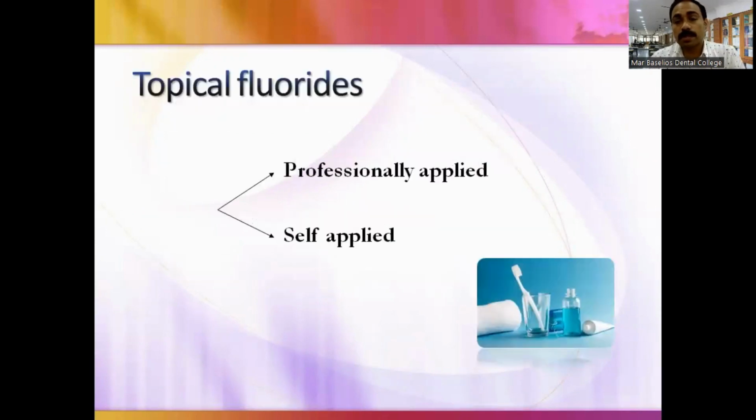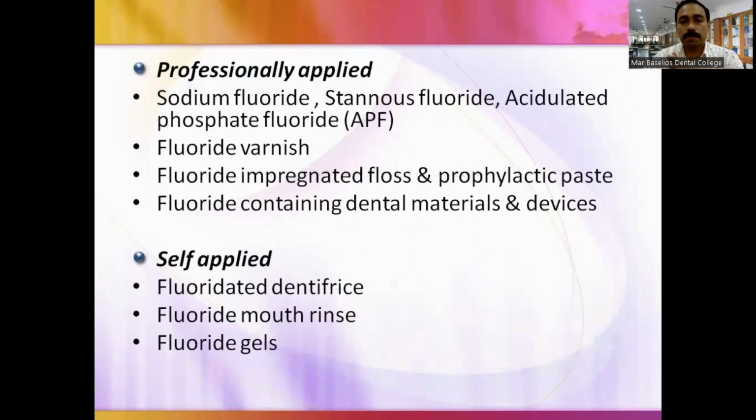Topical fluorides are broadly classified into professionally applied topical fluorides, that is, applied by professional dentists or qualified people, and self-applied topical fluorides. First, the professionally applied topical fluorides are of sodium fluoride, stannous fluoride, acidulated phosphate fluoride or APF.